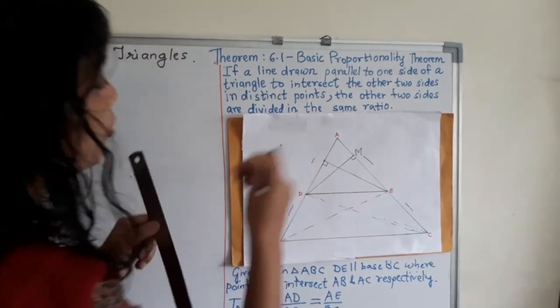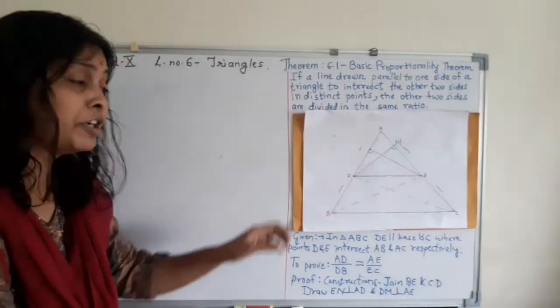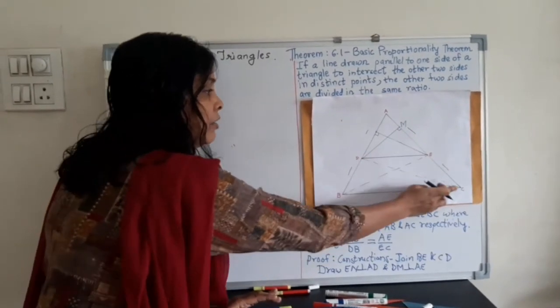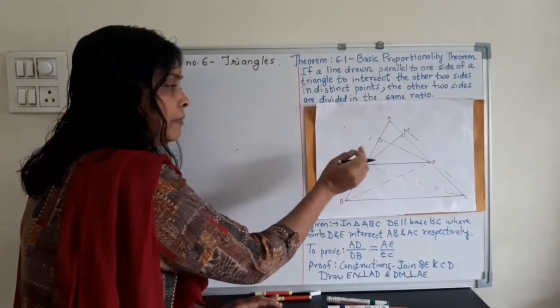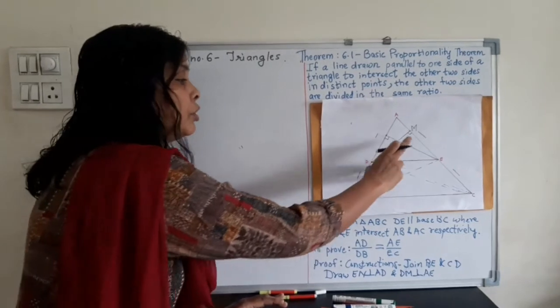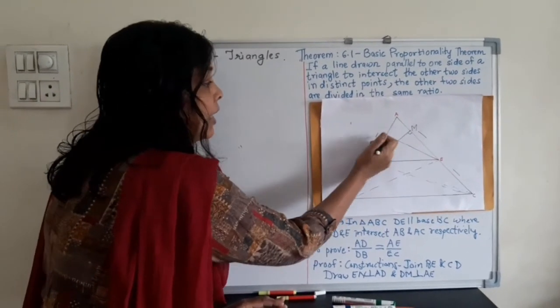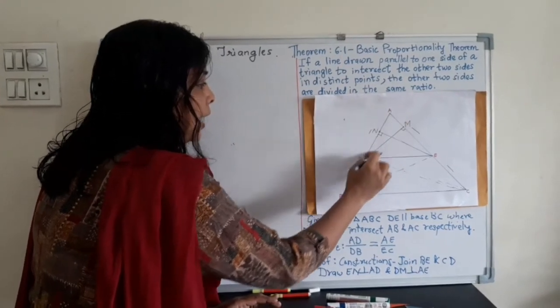So these two perpendiculars are drawn. I hope you have understood the construction: we have to join BE, join CD, and draw perpendicular DM on AE and EN on AD.